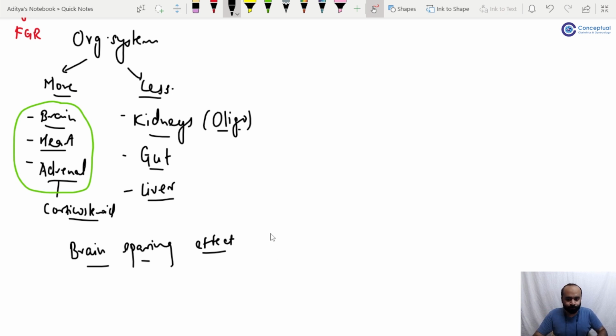So what do you do? You reduce the resistance of the blood vessels, the arteries that supply the brain. All the arteries in the brain have an increased diameter whenever there are occasions of uteroplacental insufficiency.